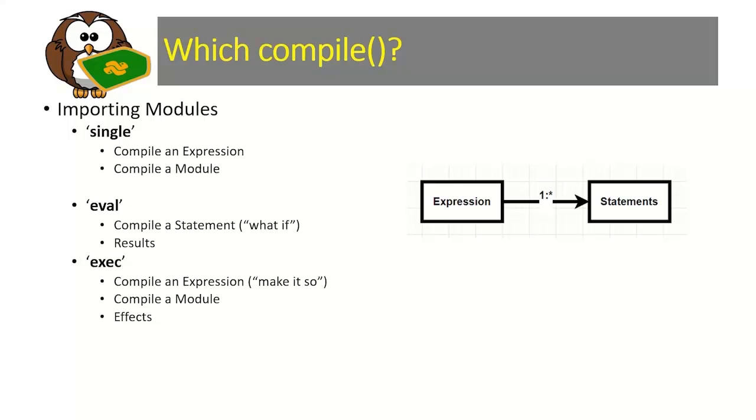Single, of course, expands both. We can do a module, unlike what the documentation says, as well as compile expressions and single statements, let alone see the effects and the results as we just saw.